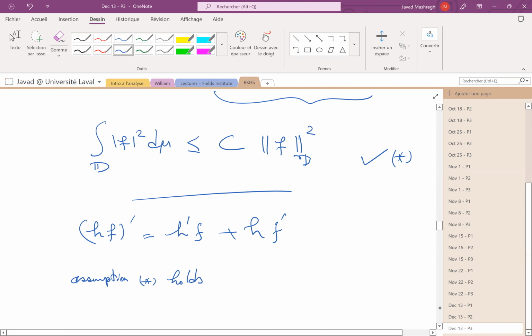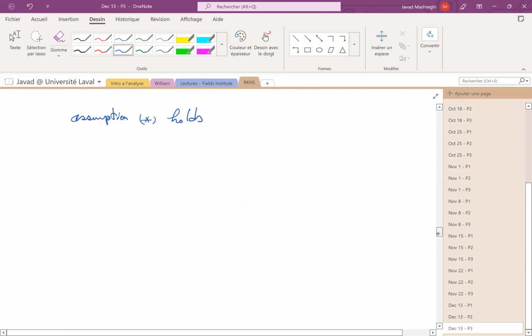That's my assumption. And now, what can I say about the Dirichlet norm of hf? Well, by definition, it's 1 over pi integral over D of |(hf)'(z)| squared dA(z).